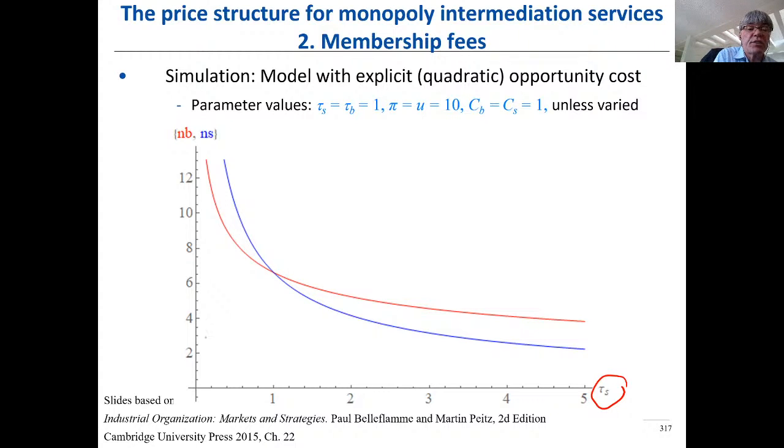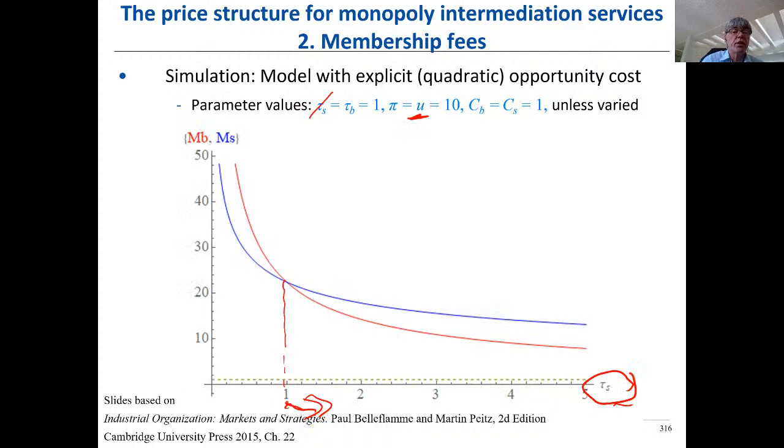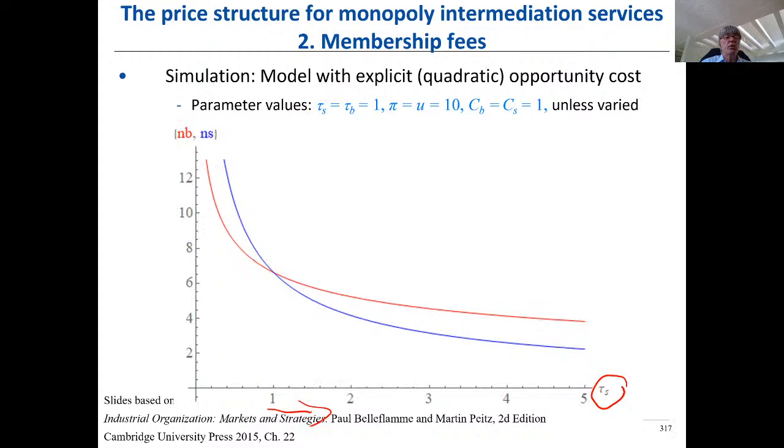If tau increases, it makes it more costly for sellers to join a platform. Even though the platform decreases its membership fees, this decrease is not sufficient to keep the number of sellers constant, so it is reduced. The effect on the buyers is smaller.